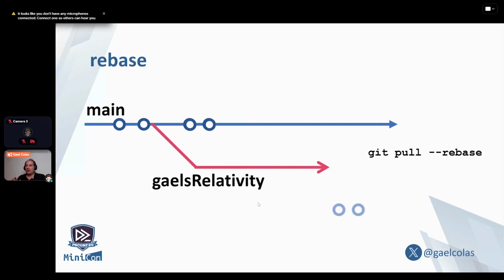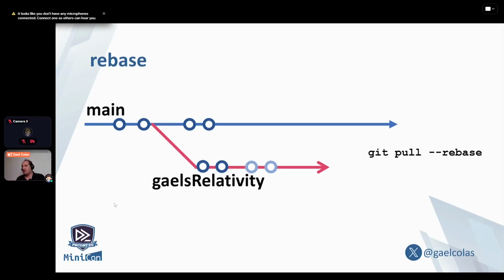It's going to set aside those two commits that you have there, but that don't exist on main. And then from here, you have the same history as main from where you branched out. And then you will pull what you're missing. So you pull the two commits you're missing, and then it will automatically re-add those two commits after.